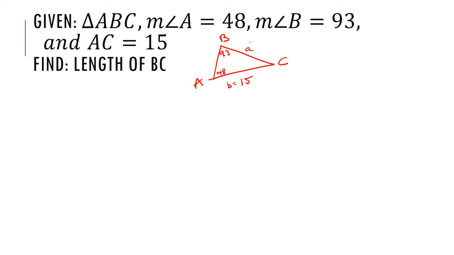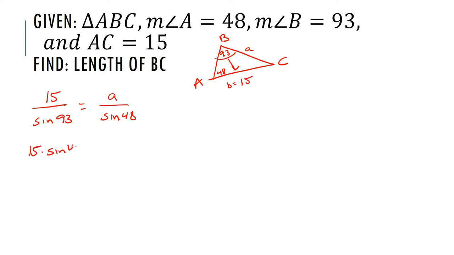So I'm going to put my side lengths, because that's my unknown, on top. And I'm going to say 15 divided by the sine of 93, which is the opposite angle, is equal to my unknown divided by the sine of 48. So to solve this, all I need to do is multiply both sides by the sine of 48.